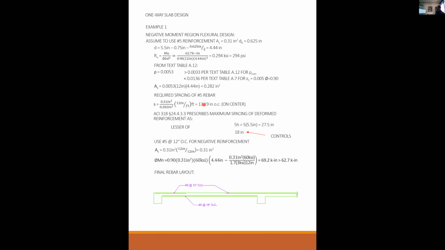So since you're not going to tell them to put it at 13.19 inches on center, are you going to tell them to put them at 13 inches on center? Well, then maybe they'll only hit you with a smaller piece of rebar instead of a shovel, but they're still not going to be happy. The point is, you as a designer calculate what the maximum spacing is by design, and then you're going to choose something that they can build.